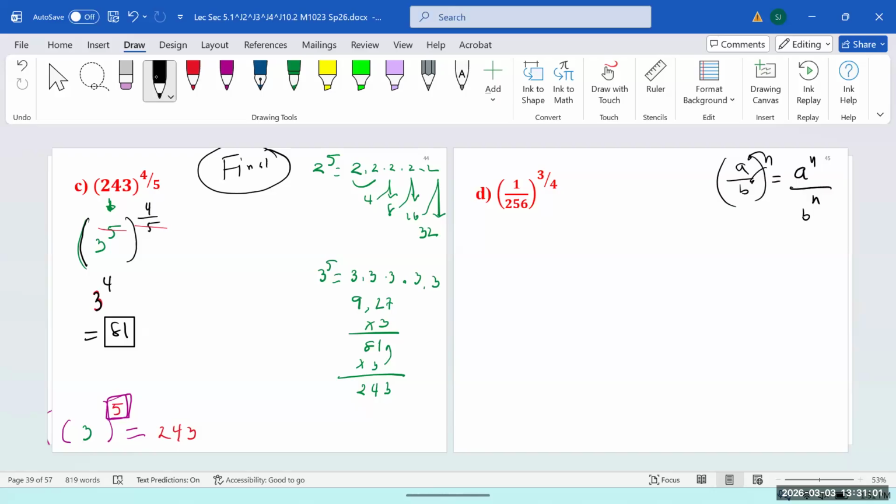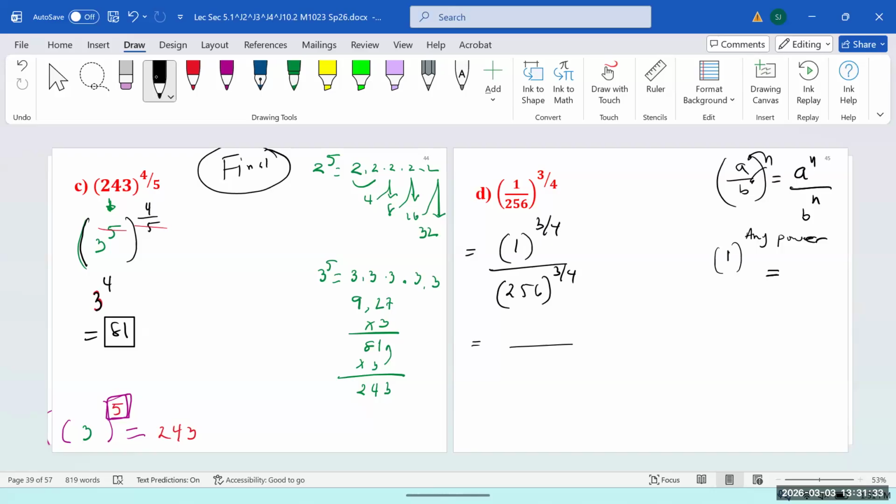Applying the same rule here, the first step is 1 to the power 3/4 and 256 to the power 3/4. Now comes another rule. What is 1 to any power? What is 1 squared? What is the square root of 1?